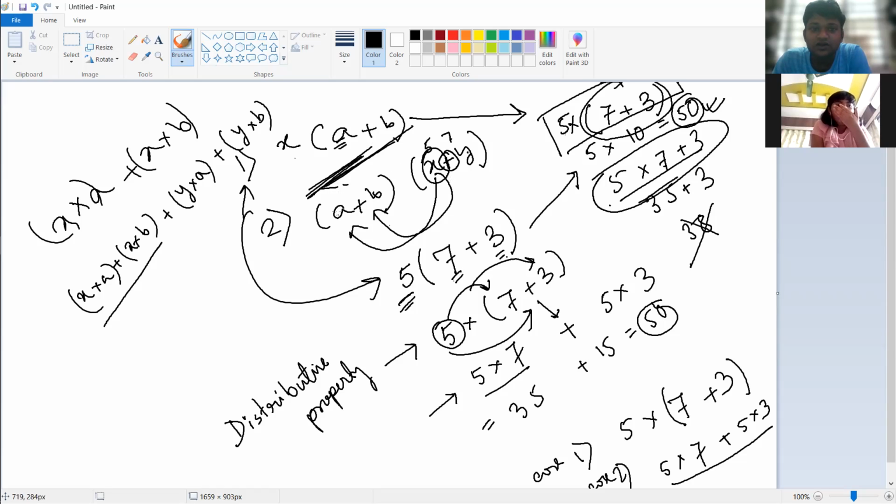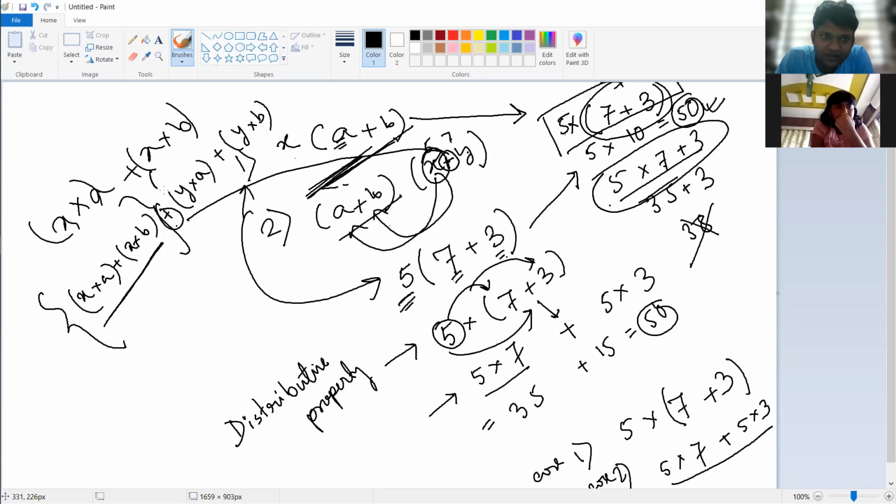You can take x and apply the distributive law on a plus b. This sign is basically this sign. This plus will come over here. If there is minus, there will be a minus sign. So there are two terms basically. This is the first term, this is the second term.